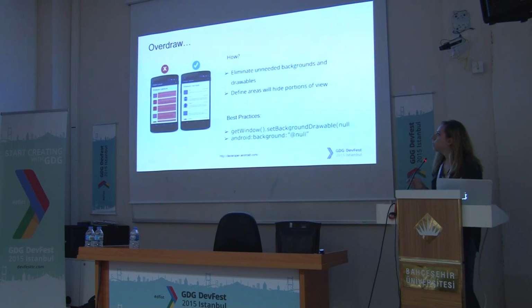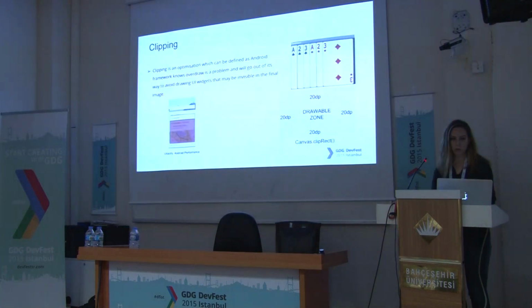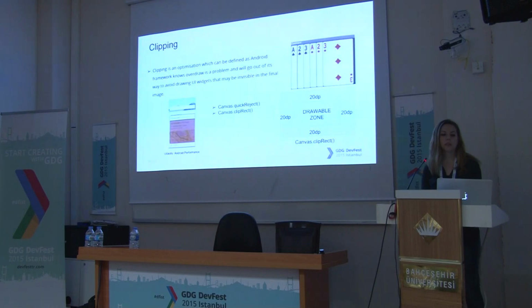Firstly, we should eliminate unneeded backgrounds and drawables, and if we can, we should define the areas that will hide portions of the view. And clipping is the best optimization, actually done by the Android application system.